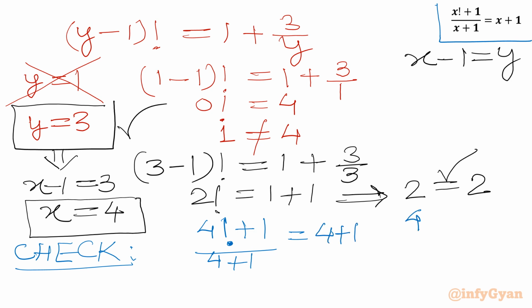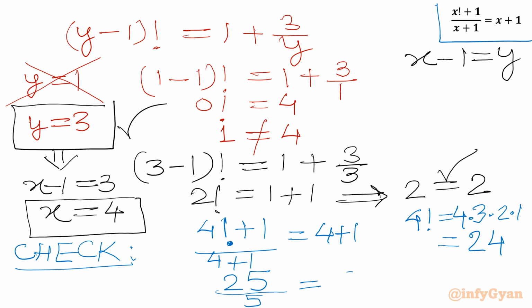So we know that 4 factorial is 4 times 3 times 2 times 1, which is equal to 12 times 2, that is 24. So 24 plus 1, our numerator will be 25, the denominator is 5, and the RHS is 5, which is true. Hence our final solution will be x equal to 4.